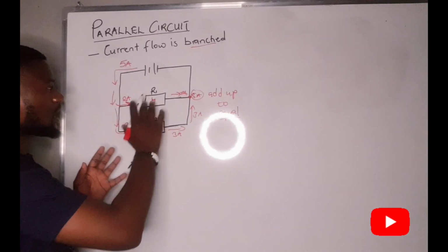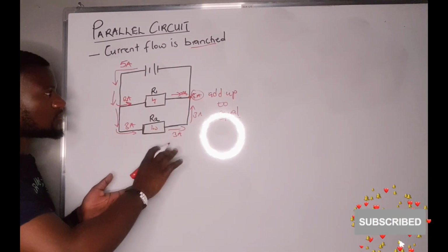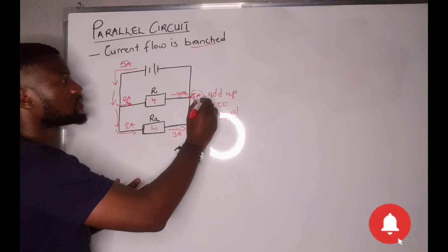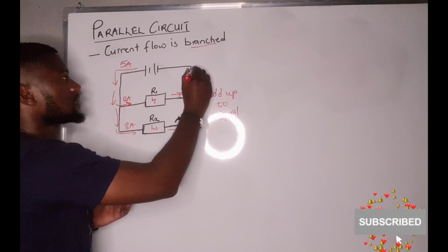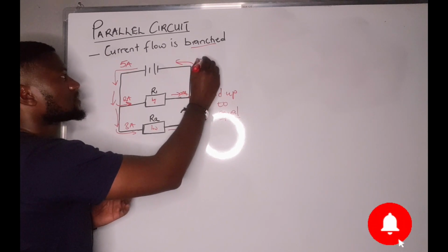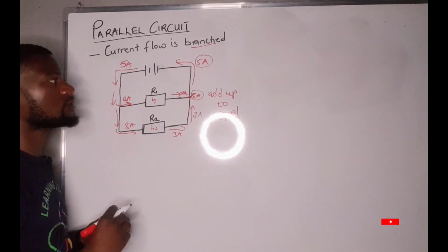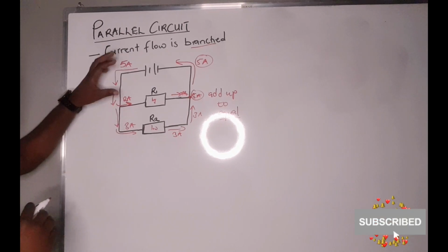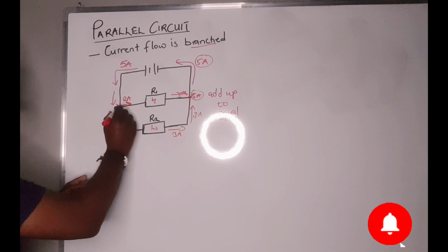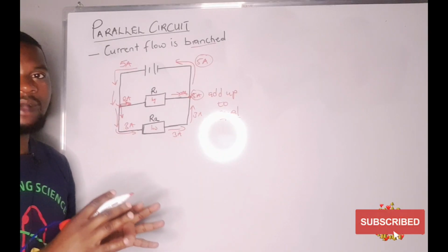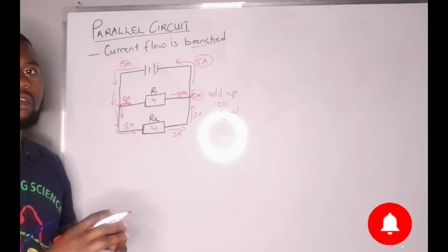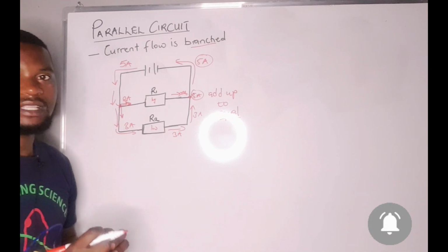So the 5 amps will continue to flow in such a manner, but once it reaches this junction, some of the current goes there, the other current goes there, depending on the amount of the resistance of the particular resistor.